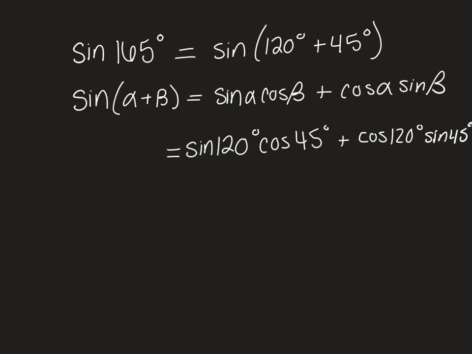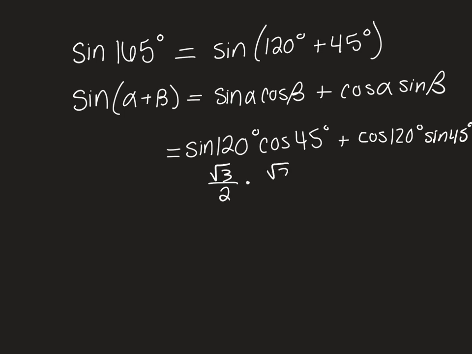Stephen was 100% correct. Where did you get negative 1/2? That's the cosine. Oh, it's cosine. So, sine of 120 is positive square root of 3 over 2.